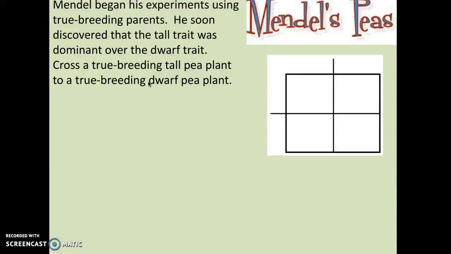So, Mendel began his experiments using true breeding plants. As soon as he discovered that a tall trait was dominant over the dwarf trait, he crossed a true breeding tall pea plant with a true breeding short pea plant. So our genotype for our first parent, take just a second, think about it, write it down.